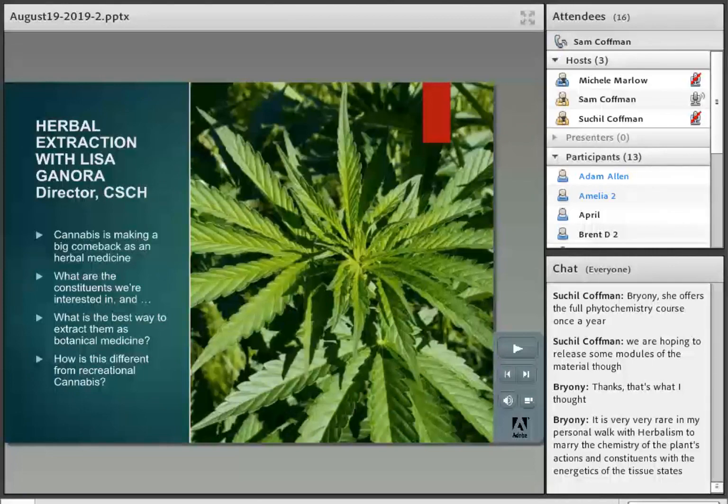So if you want to get the maximum combination of these, you have to look at the different plants and the different plant parts, and you can just go on and on like that, tying these worlds together. That kind of approach really shows you how phytochemistry can make you a better practitioner, basically. So, yes, I love it.